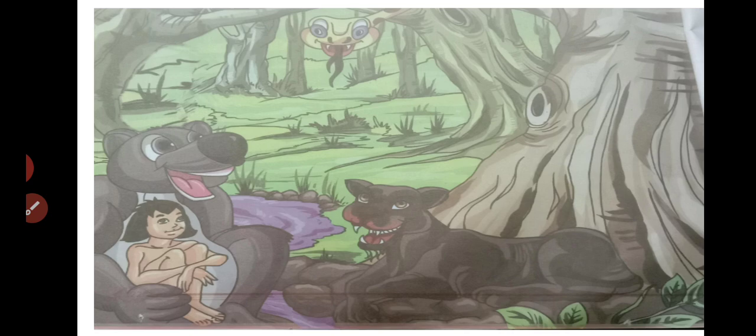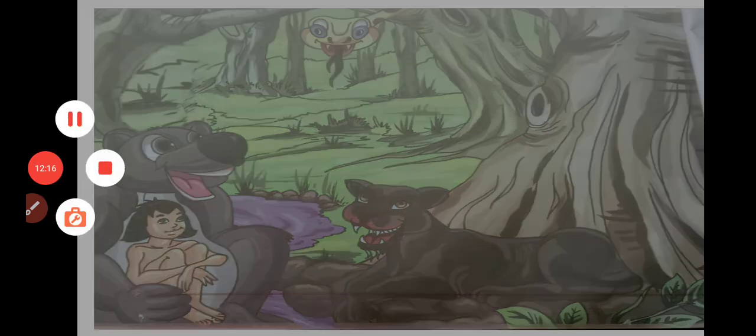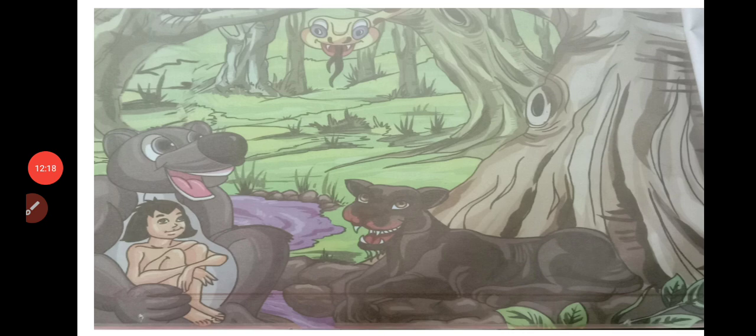Then Sher Khan went away from there. Mother wolf gave a name to that baby, Little Frog. Here, Mowgli, a little frog. This name is given by mother wolf to that small baby.